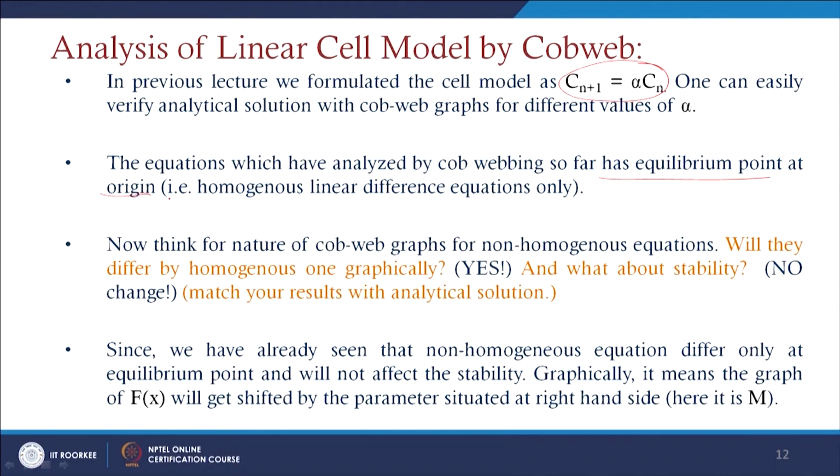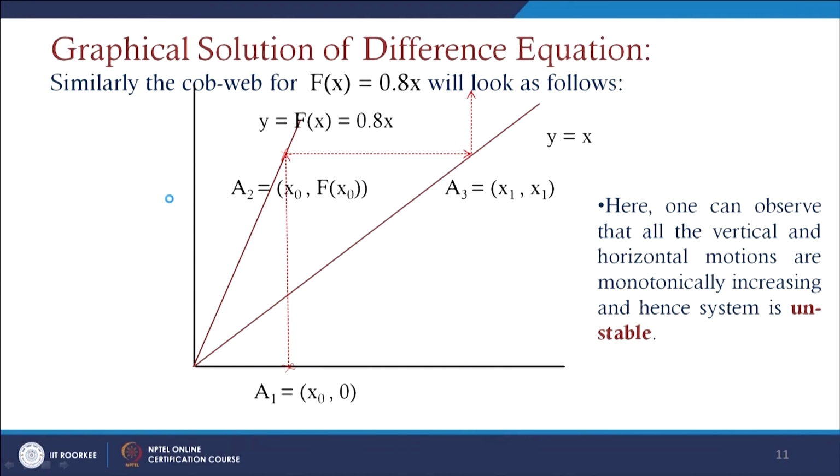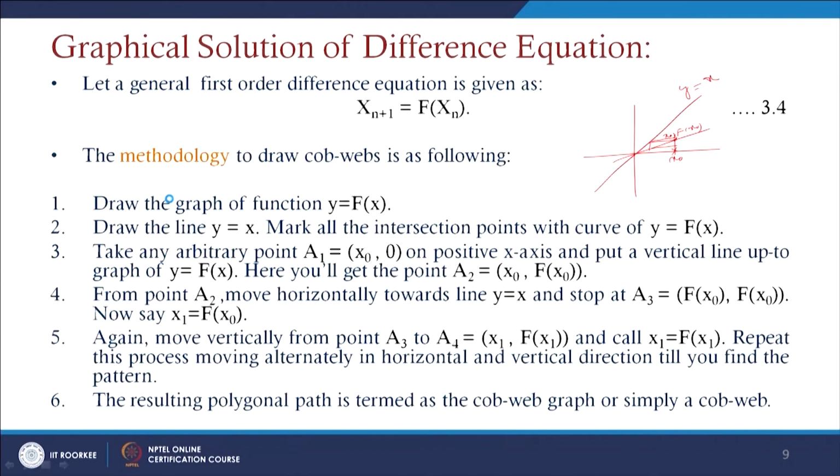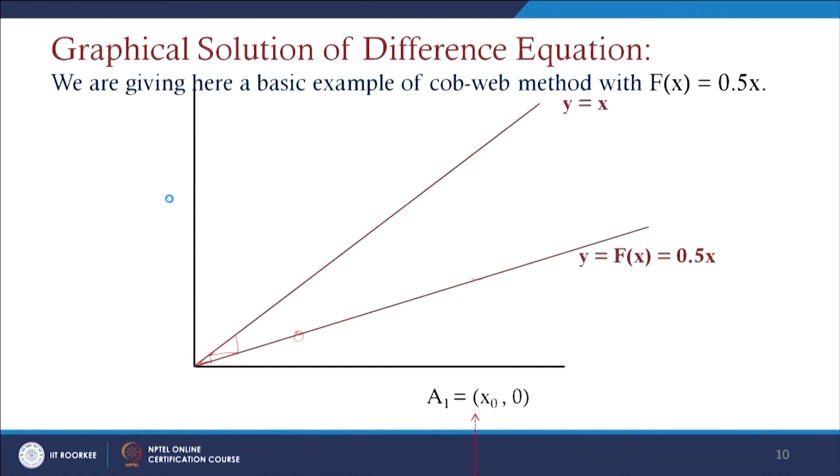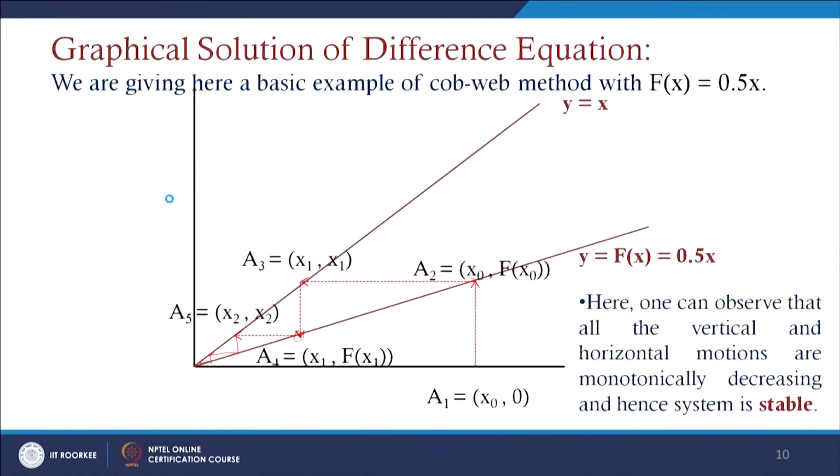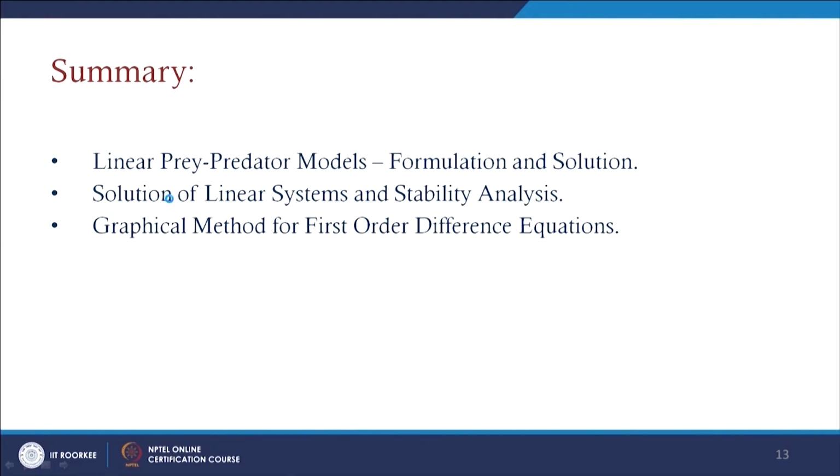We have already seen that non-homogeneous equations differ only at the equilibrium point and do not affect the stability. Graphically, it means that the graph of f of x gets shifted by the parameter situated on the right hand side, here m. If you verify, you can find that this is satisfied by the value of m.